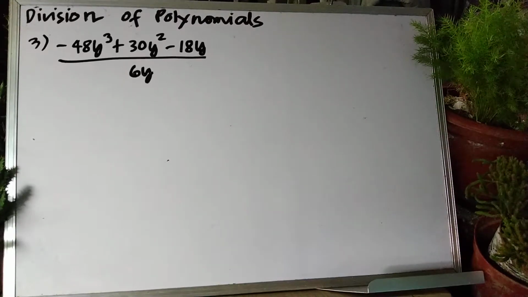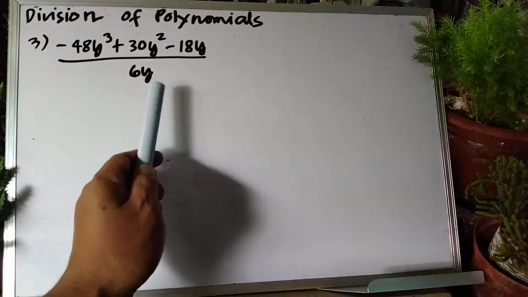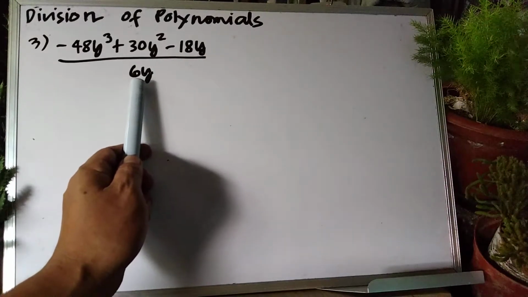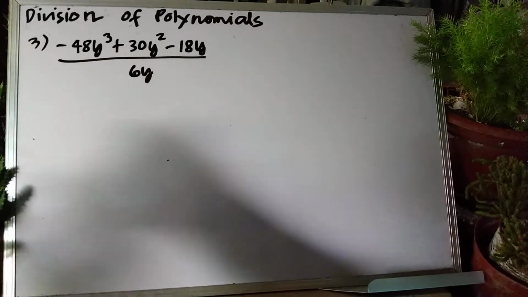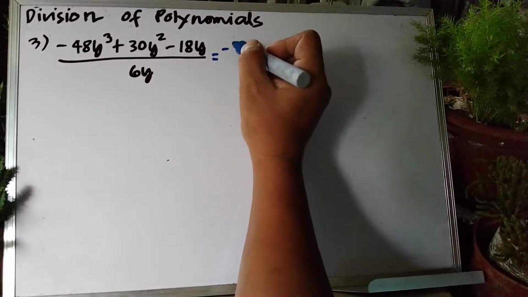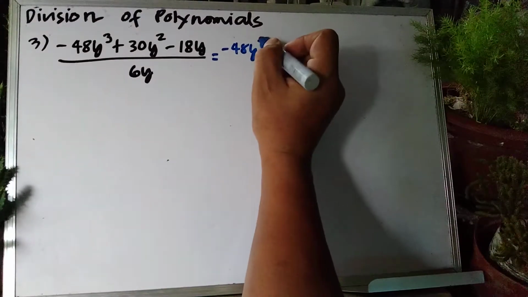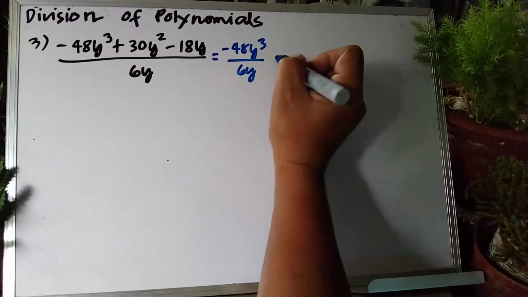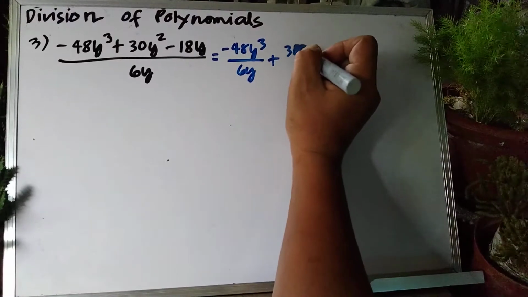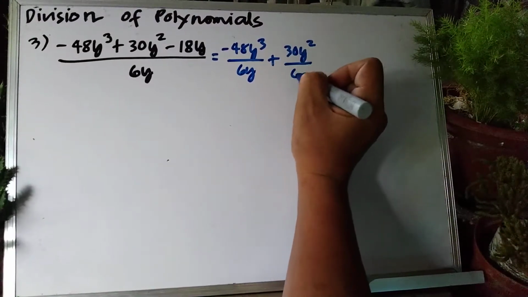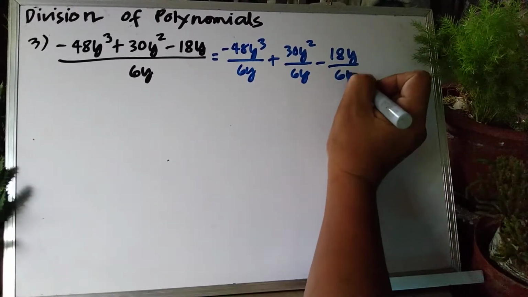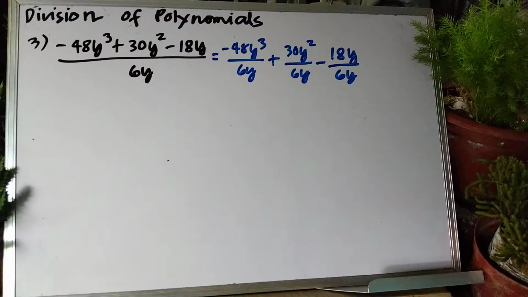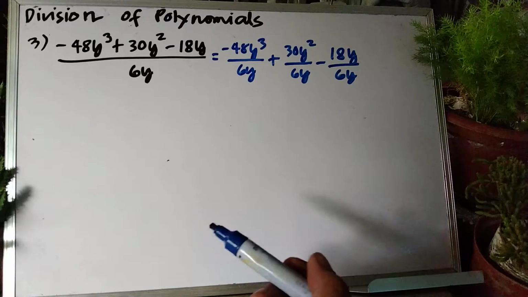Meaning, each term of the polynomial is divided by the monomial 6y. So, what will happen? I-divide natin siya kada isa. So, you have now negative 48y cubed over 6y plus 30y squared over 6y minus 18y over 6y.